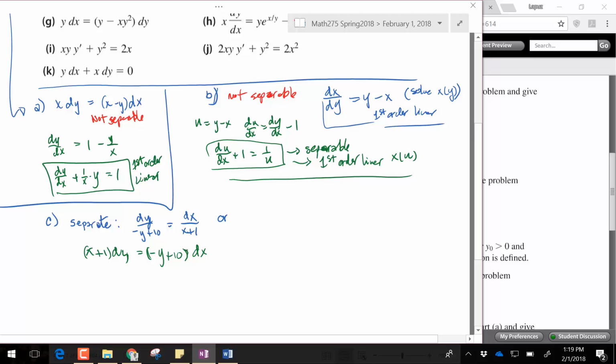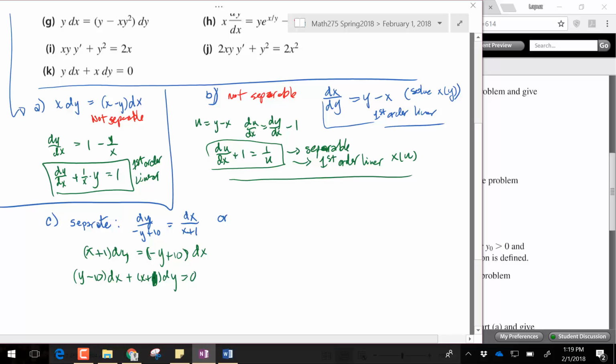And so we generally want to bring everything to one side to set it equal to 0. We got negative minus y. Can I just put y minus 10? dx plus x plus y dy is equal to x plus 1.